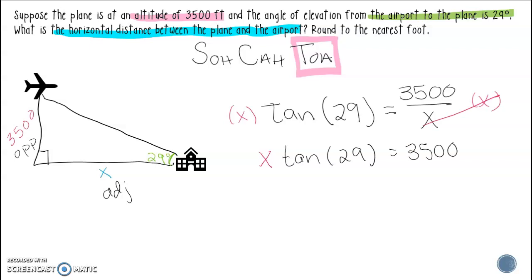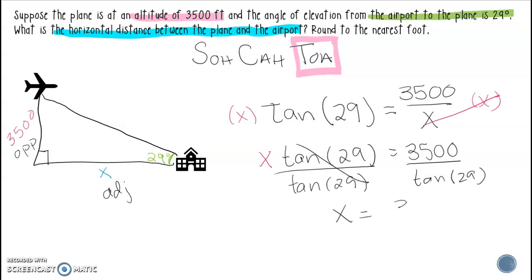And in order to get x by itself, I'm going to divide by the tangent of 29. So those will cancel out. I will get x equals 3,500 divided by the tangent of 29.